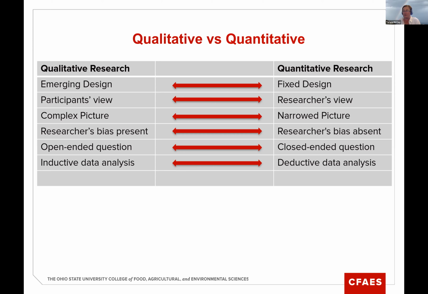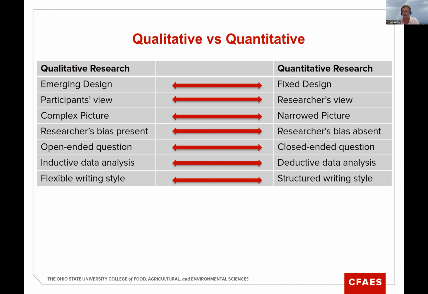Amy talked a little bit about inductive data analysis, and this is tied back to not starting with a hypothesis, not starting with a theory. You're going out, you're listening to your community, and you're saying, what do you need? You're not going out thinking, which is deductive, I hypothesize that people need X, Y, and Z, now I'm going to write a survey and ask them, do you need X, Y, and Z? In inductive, we're saying, what do you need? And that's an open question.